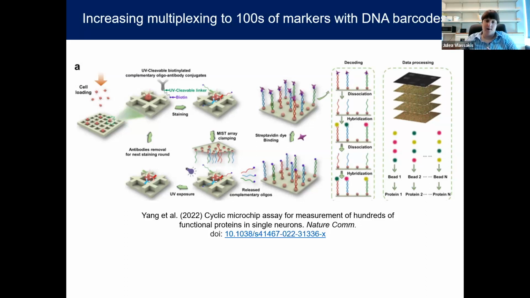I'll say a little bit more about those later, but in this particular iteration, essentially the antibody against any given target has this cleavable linker and a DNA molecule. So cells are captured in an array in this case, and essentially these are stained in situ. So these are generally going to be fixed and permeabilized cells that are processed on chip.